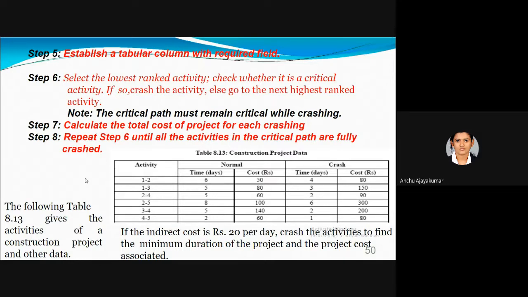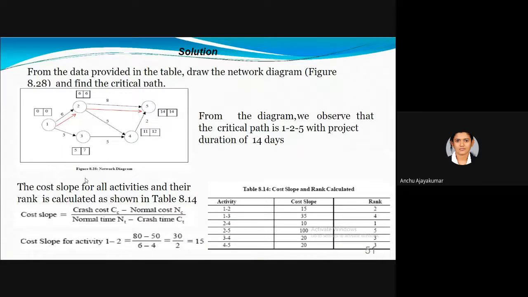If the actual duration is 22 days and we complete in 19 days, then 3 days of rent is saved. So direct cost is always increasing while crashing, and indirect cost like this is reducing when it goes to crashing. So the solution is, first we have to draw the network.